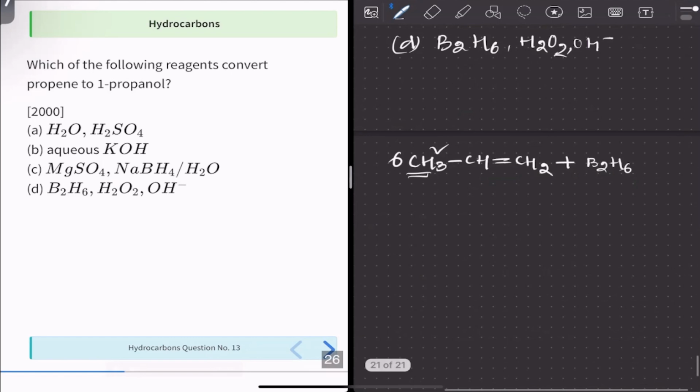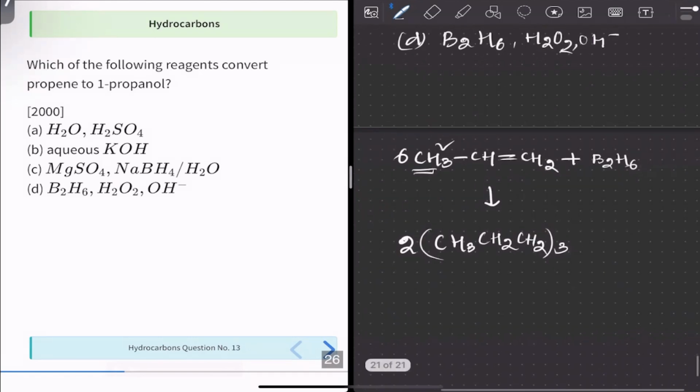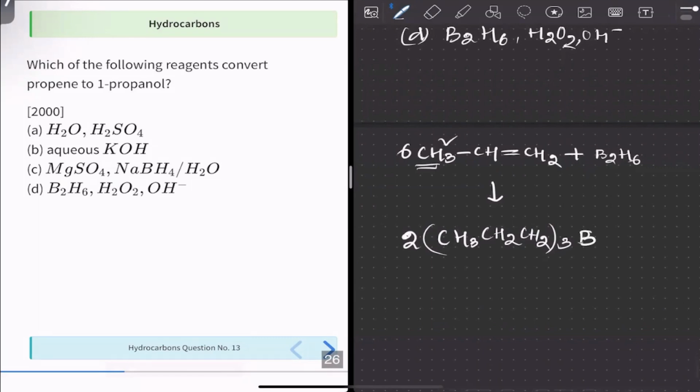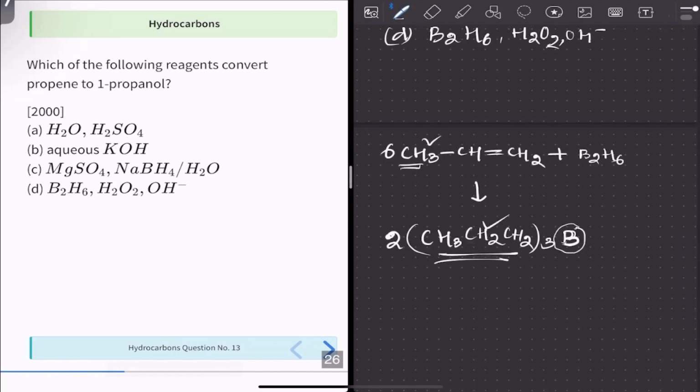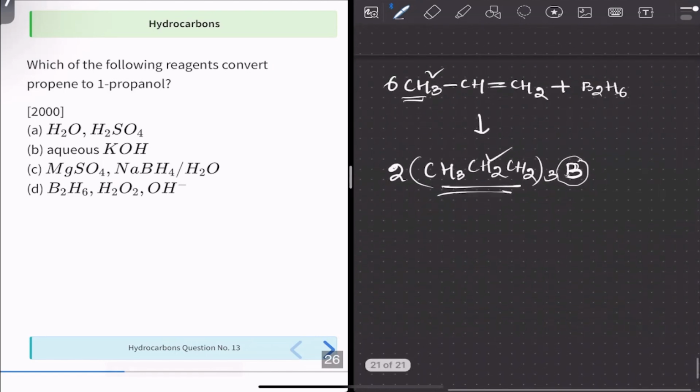B2H6 will react and produce 2 (CH3CH2CH2)3B. To each boron atom there will be three alkyl groups, CH3CH2CH2. This is the first step, hydroboration.